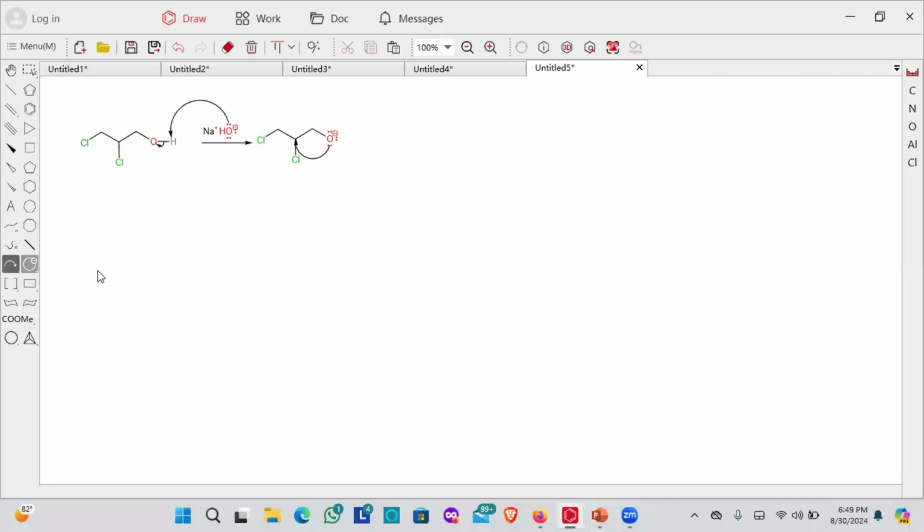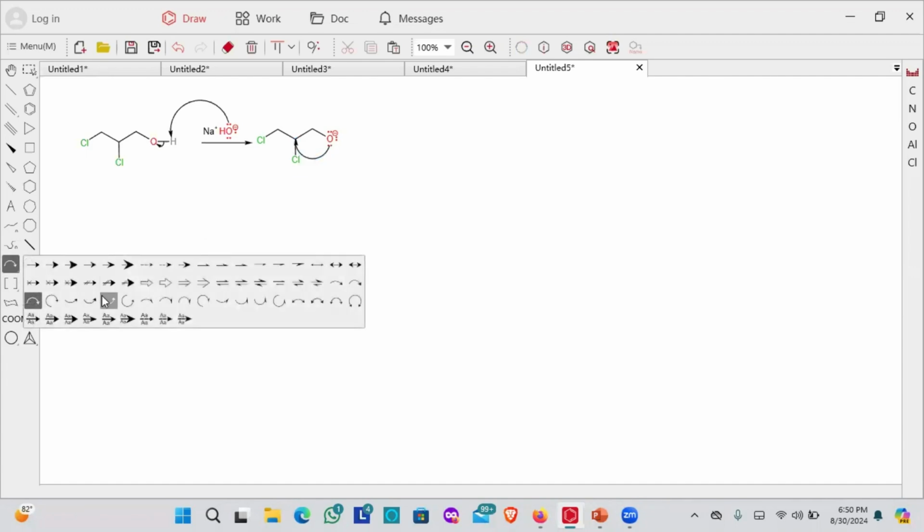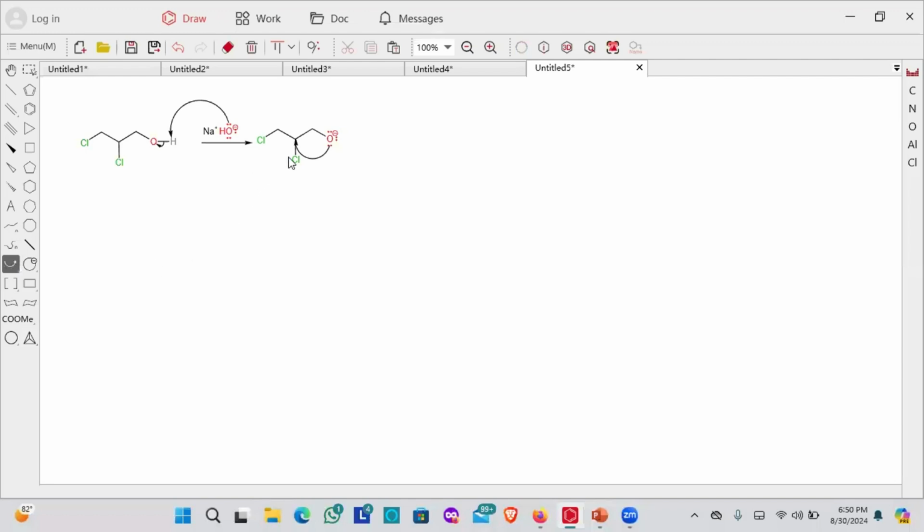Maybe this isn't the best way for you to see the mechanism, but basically, the electron pair here is going to attack the carbon, which is then going to remove the chlorine atom. I'm sure you understand. And so we're going to then form the epichlorohydrin.